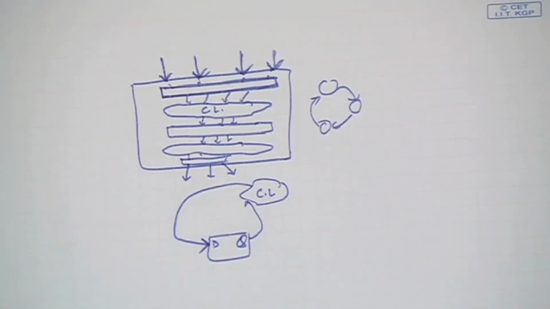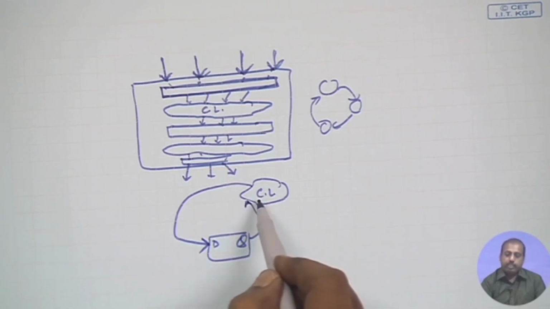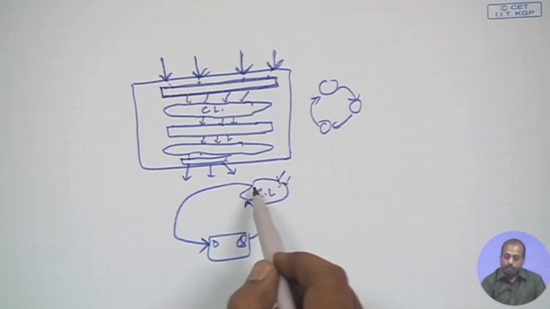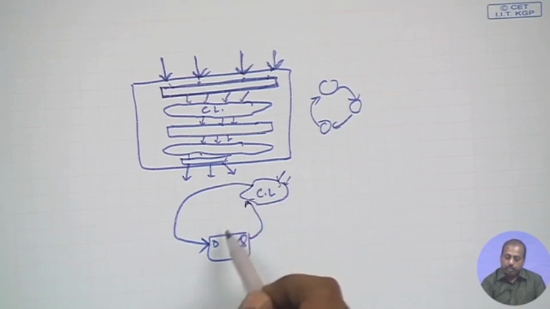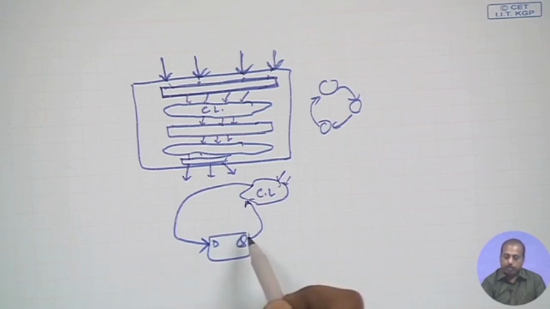In this case it becomes difficult to control this particular flip flop, because to set this flip flop to some value, I need to set the combinational logic inputs to some value, and for making the combinational logic give a proper output, I again need to set this Q value to some value. So, it becomes a circular logic.